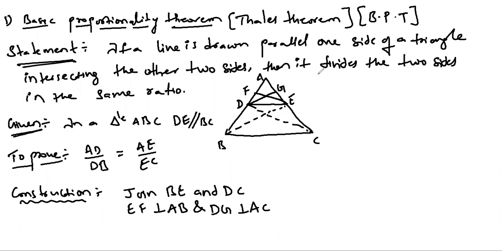Now here, proof. Whenever we are doing the proof, you should do it in an easy way. First you go with this entire line ADB. First we'll take triangle ADE.